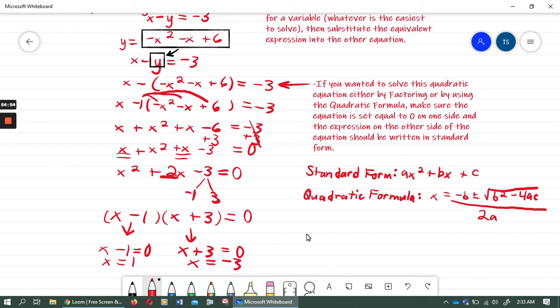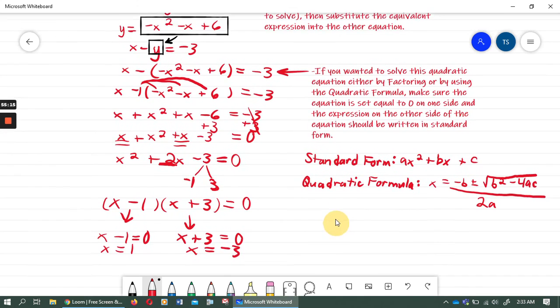But remember, guys, since this is a system, even though it's a nonlinear system, it's a system nonetheless, we're not done. Remember, solutions of systems are written as ordered pairs.